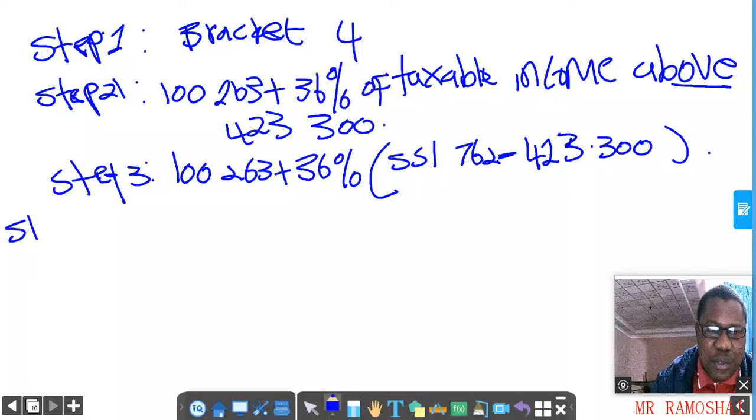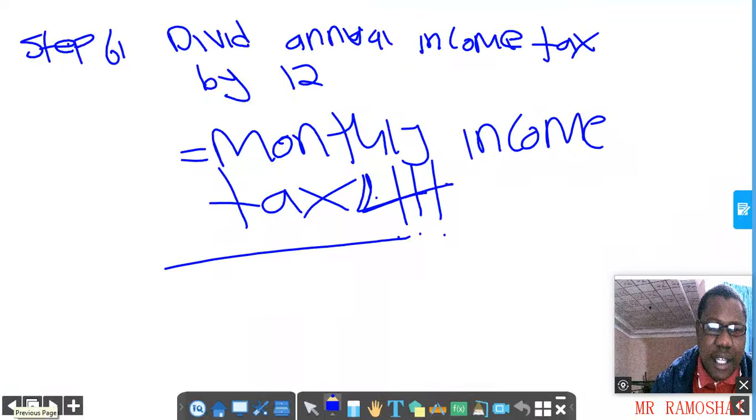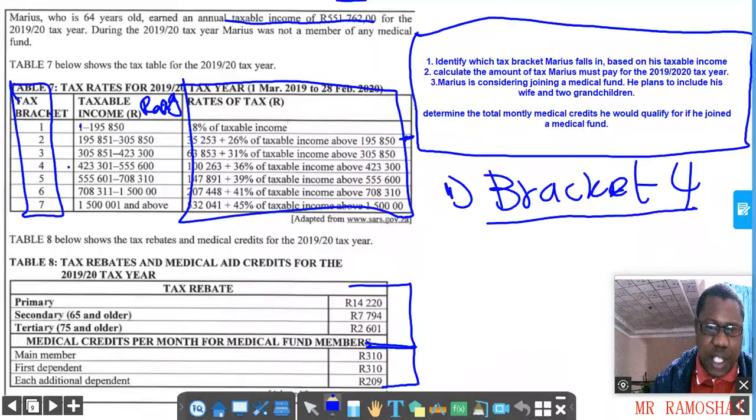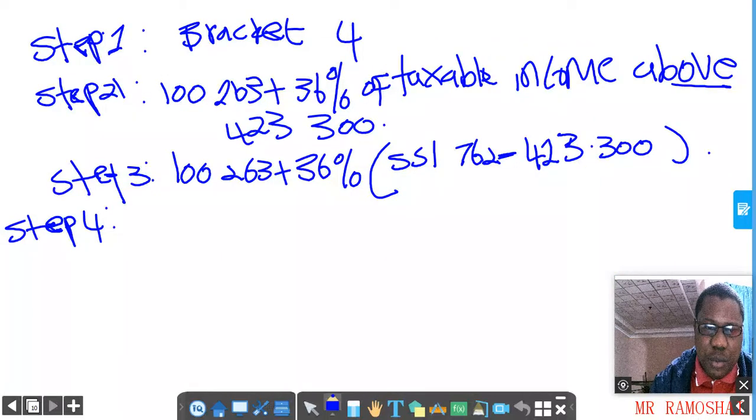Step number 4. If you checked our step number 4, it said we start by working in the brackets. Now step 4: we change the percentage to decimal and follow BODMAS. Brackets first, then multiply with your decimal, then add. So let's quickly do that. We say 100,263 plus 0.36, that is the decimal of 36%.